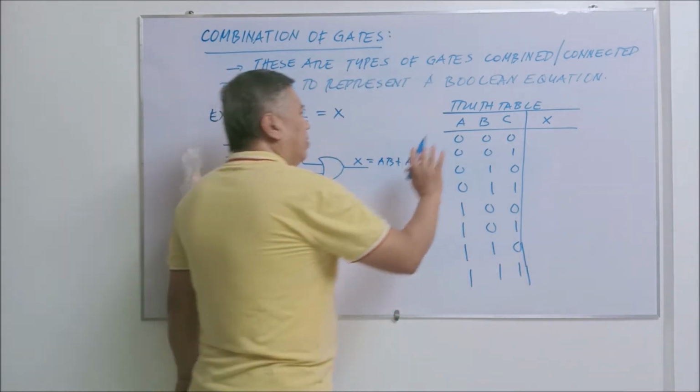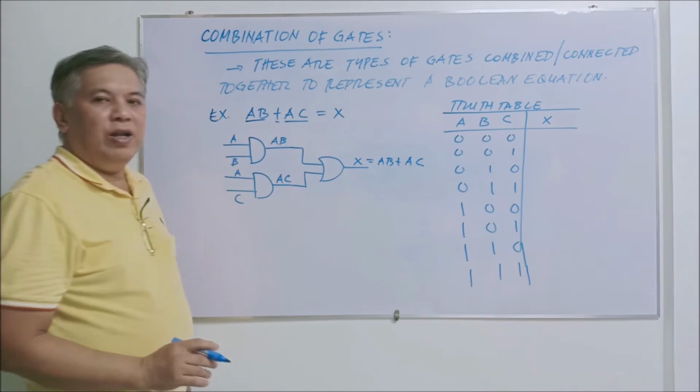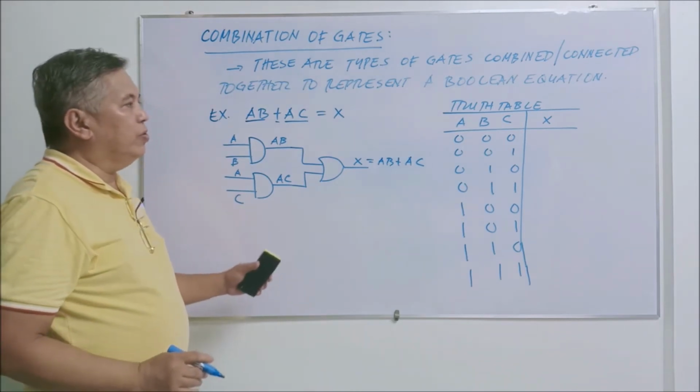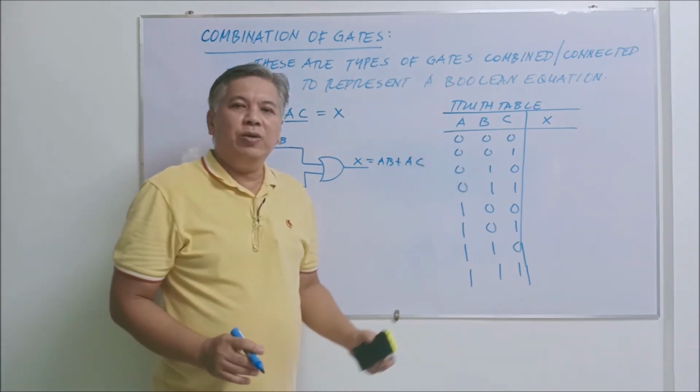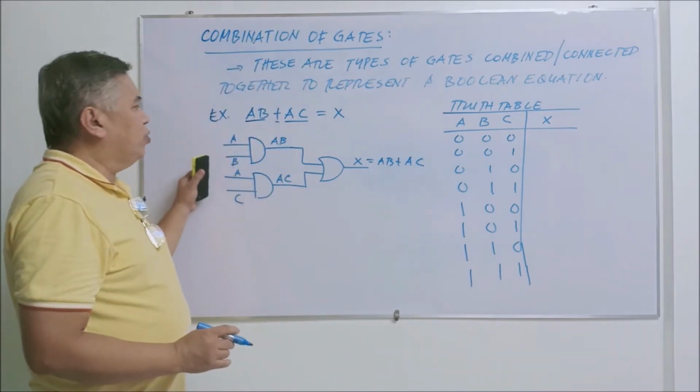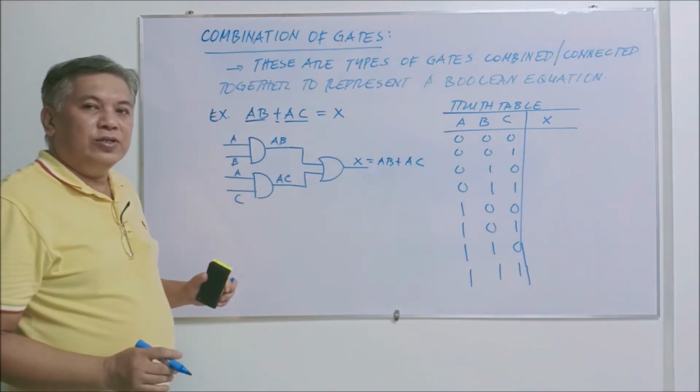So how do we obtain the value of X? All we have to do is substitute the values of A, B, C into our logical circuit.